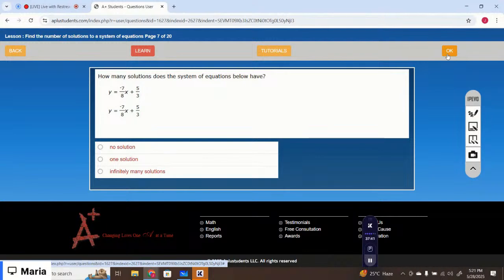How many solutions does the system of equations have? So the equations are identical. So they have infinitely many solutions. Option number three is the correct option.